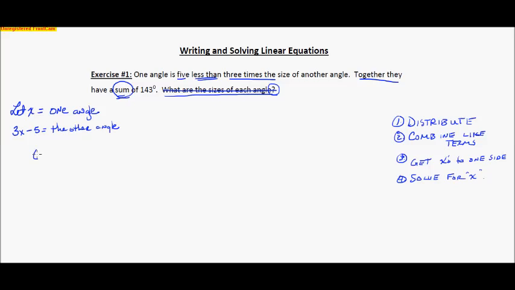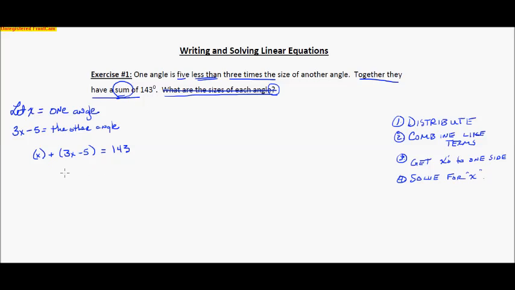I'm going to put these in parentheses just to separate them so you can see where I'm coming from. Here's the one angle, and here's the other, and I just took that from right up here. Here are my two angles, and I'm going to sum them. So I put an addition sign in between, and their sum is 143. Just from this sentence right here, that is where I got my equation from.